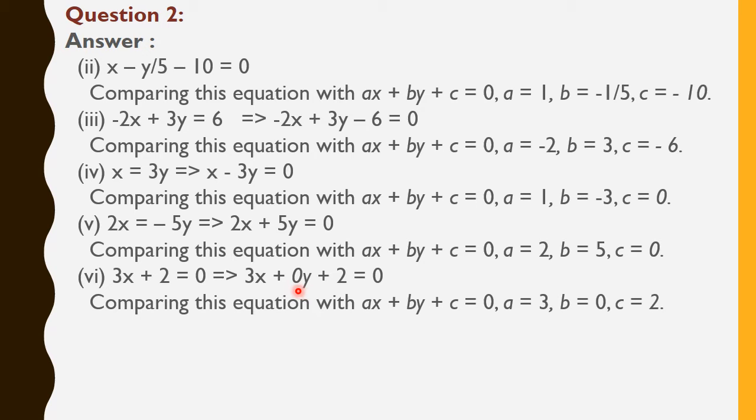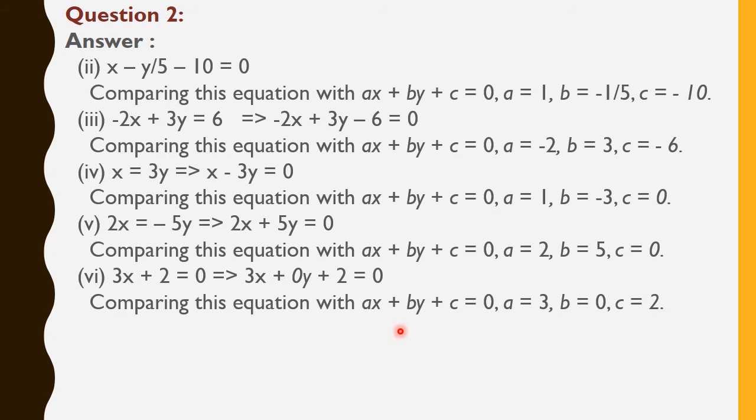So we can rewrite this equation as 3x plus 0 into y, which is ultimately 0, plus 2 is equal to 0. If we do not have any particular term with a coefficient, then we can rewrite it as 0 into y or 0 into x. In this case, we have written 0 into y.